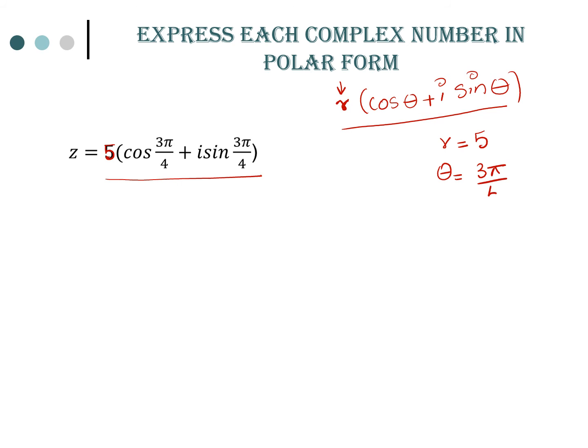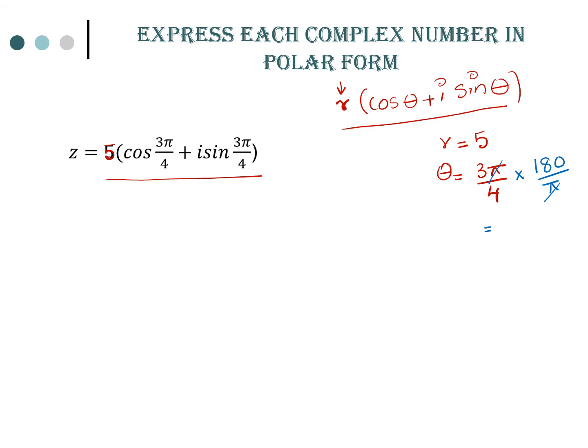It is very important to understand in which quadrant 3 pi by 4 lies. If you understand that, it is very good. Otherwise, to visualize this radian in degree form, convert this radian into degree, means multiply by 180 over pi, and check in which quadrant this theta lies. Pi and pi cancel, and here we will get 3 times 180 over 4.